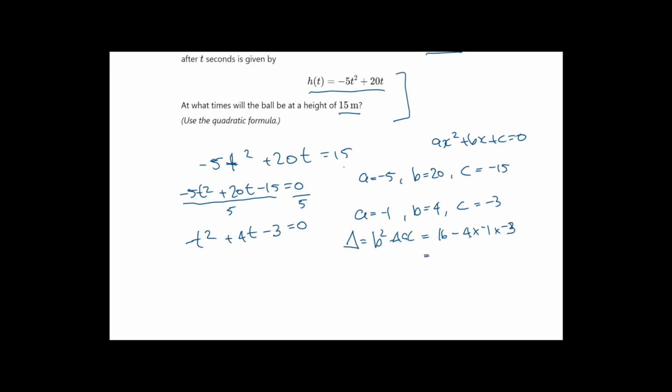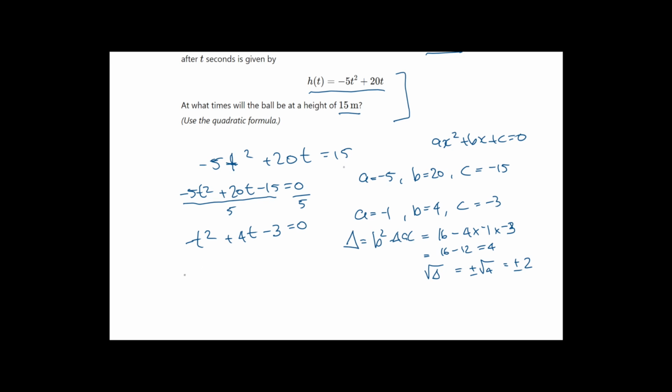So it's going to be negative, negative, negative. So it's going to be 16 minus 12, which is 4. So therefore the square root of this is going to be plus minus square root of 4, which is plus and minus 2. And now we're really on our way to solving it.